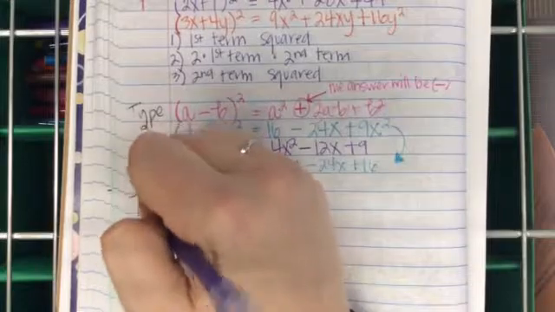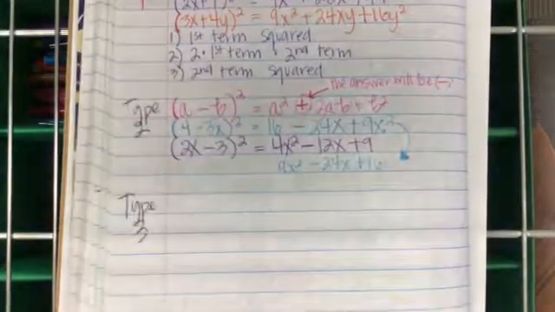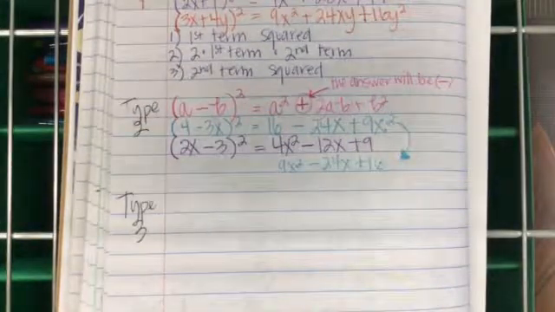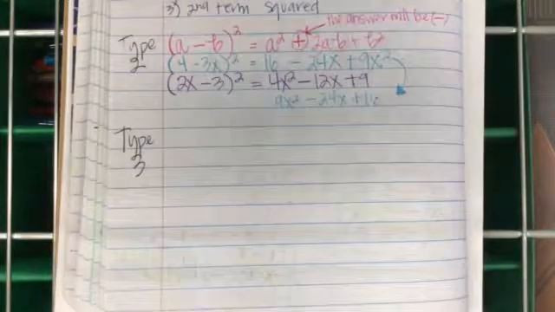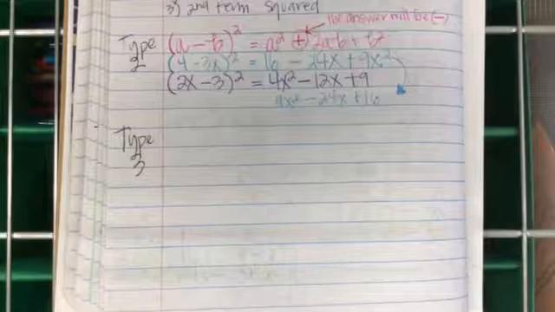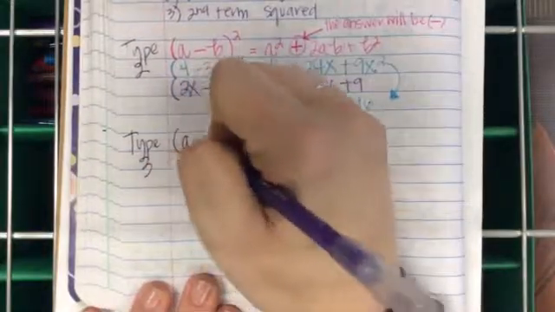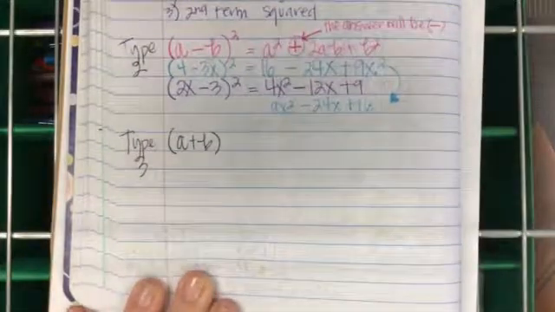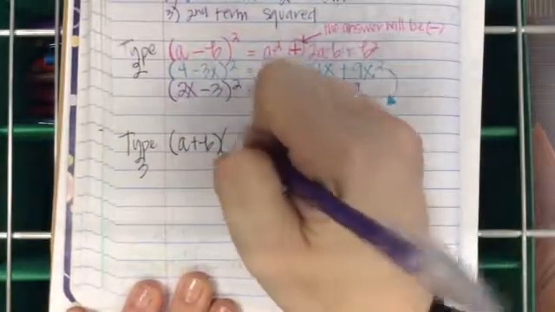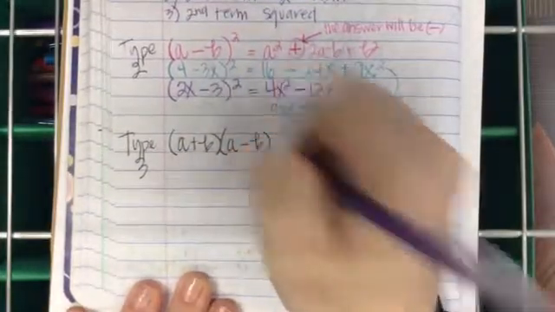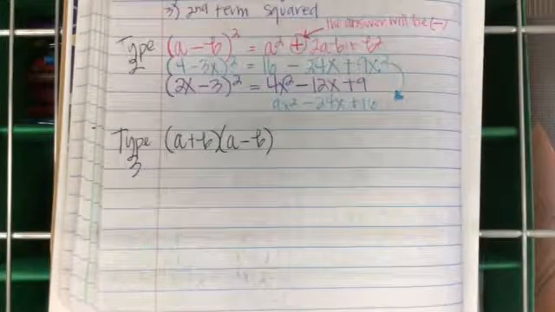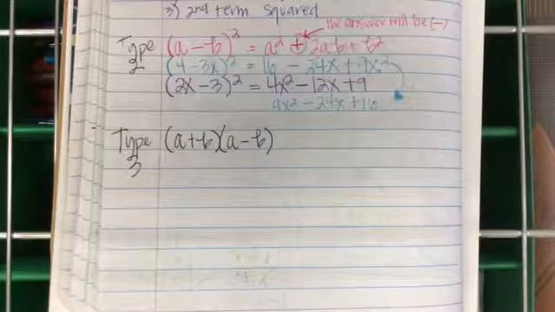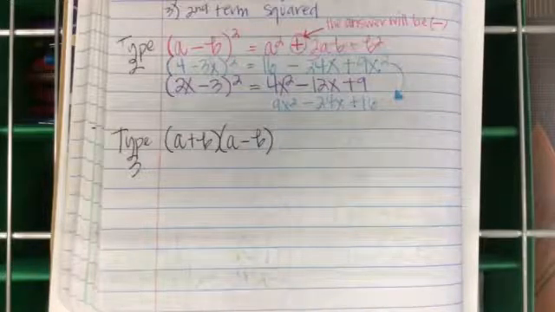Then let's go to type 3. Arguably the easiest of them. Binomial times a binomial. FOIL. Type 3, binomial times a binomial.